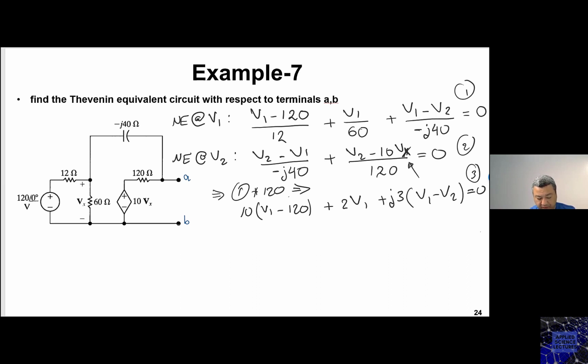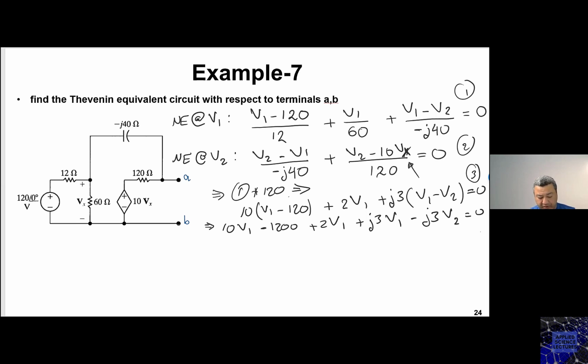And then if I want to continue, this is going to be 10 V1 minus 1200 plus 2 V1 plus J 3 V1 minus J 3 V2 equals 0.